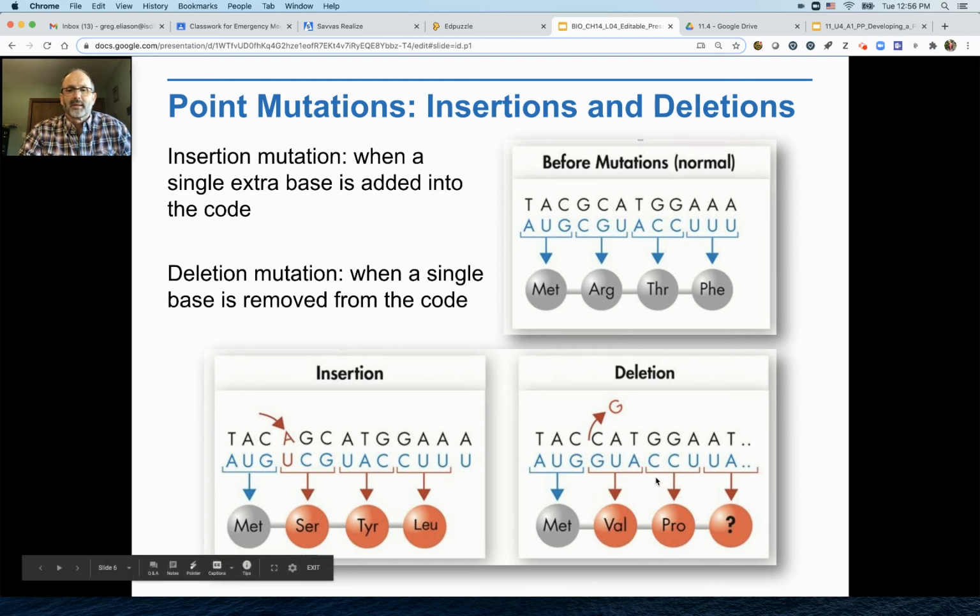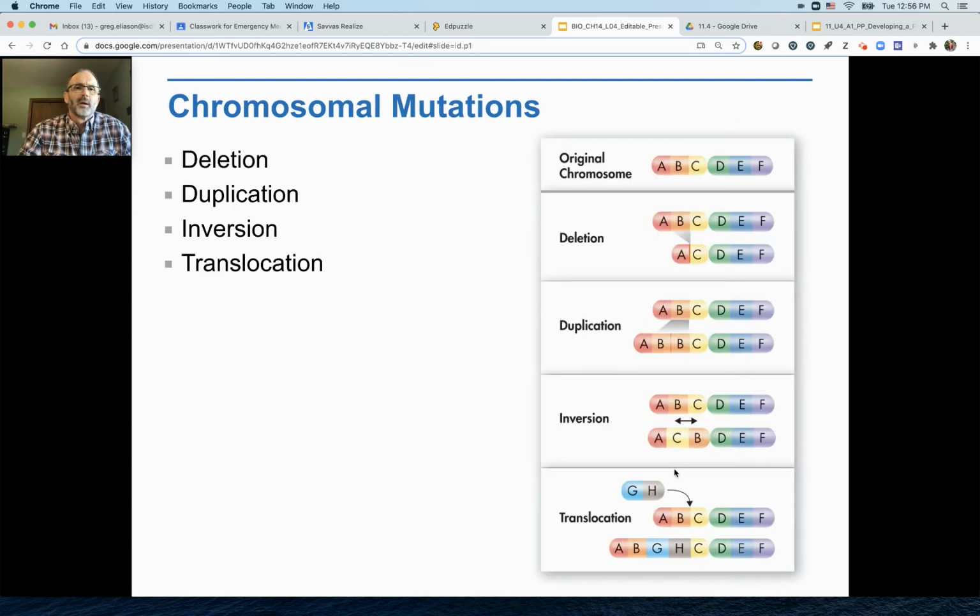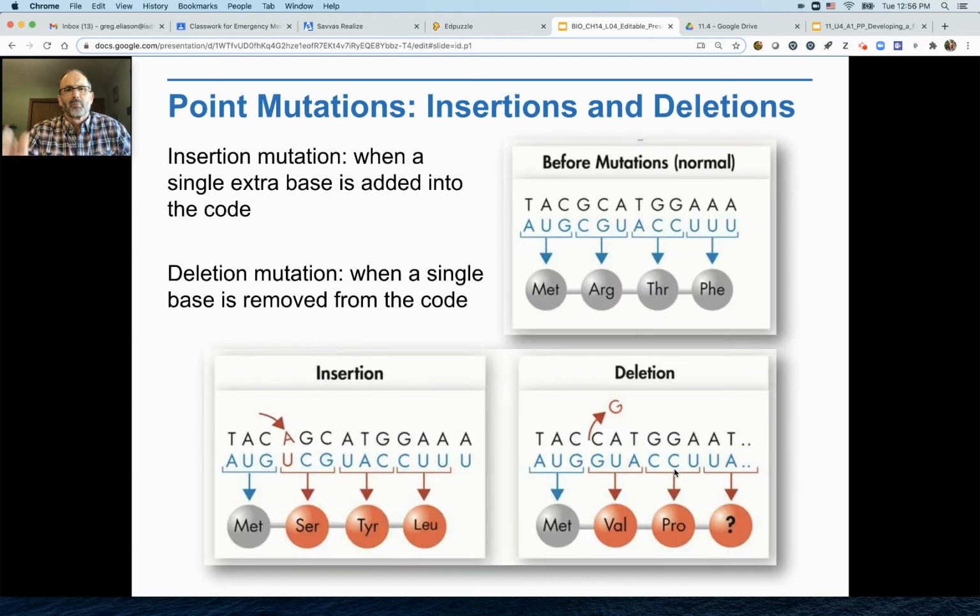And then again, CCU is proline. So these are the codons. You may see a question at some point: how many codons would it take to code for a protein with this many amino acids? And it's always going to be 3 times that amount. Okay. All right, so those are point mutations.